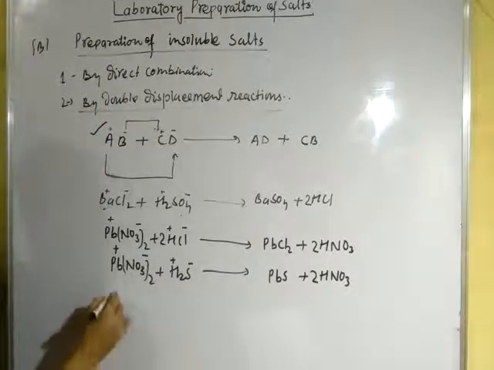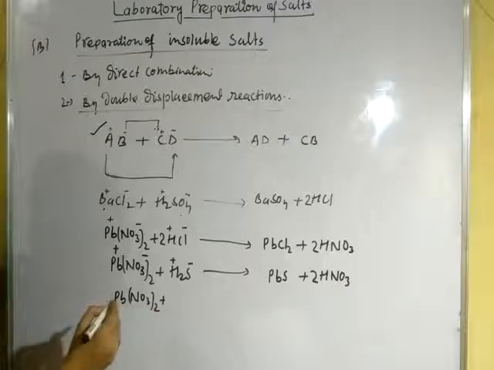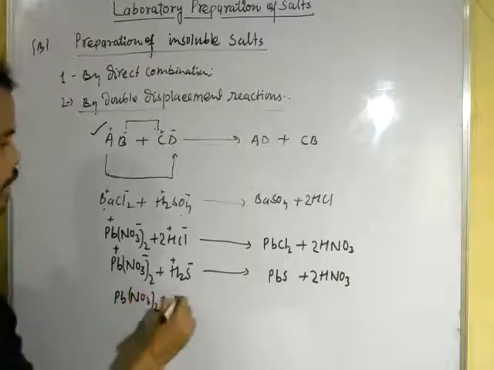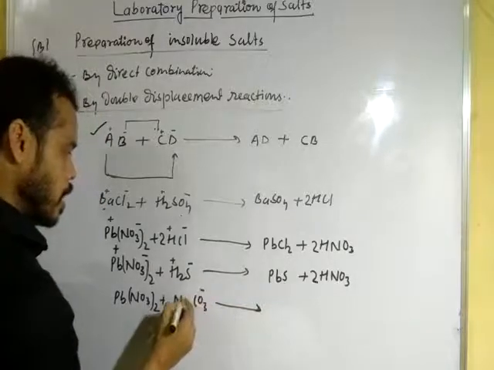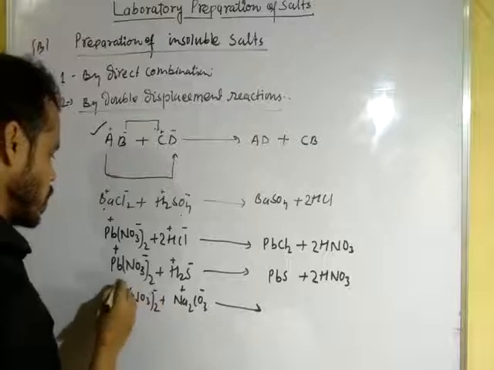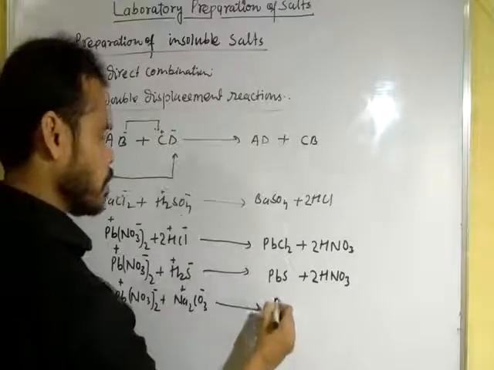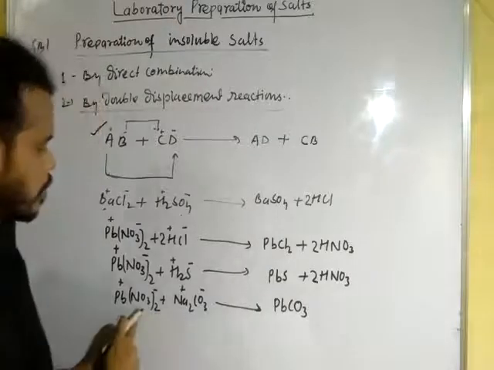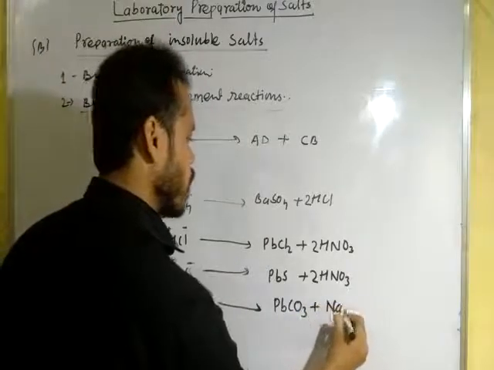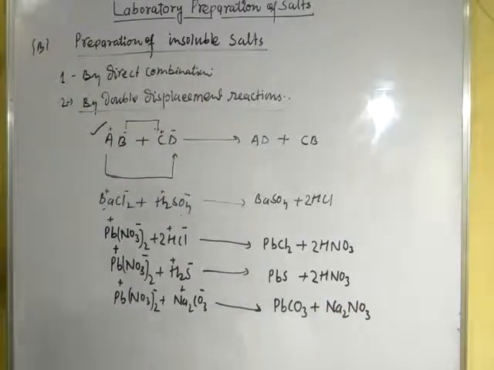Next one is when lead nitrate, Pb(NO3)2, is treated with sodium carbonate, Na2CO3. Okay, dear student, this is the negative part, this is the positive part, this is negative and this positive. Once again, interchange the ions. Lead combines with carbonate to form PbCO3, lead carbonate, and sodium combines with nitrate to form sodium nitrate.